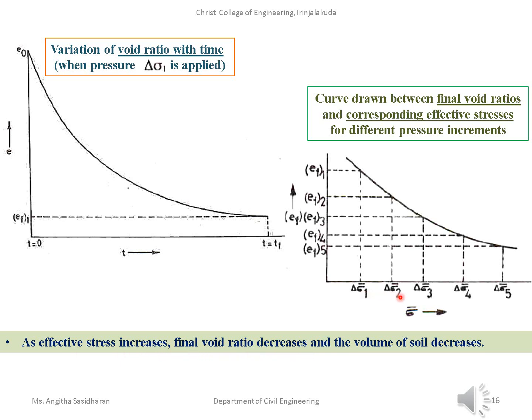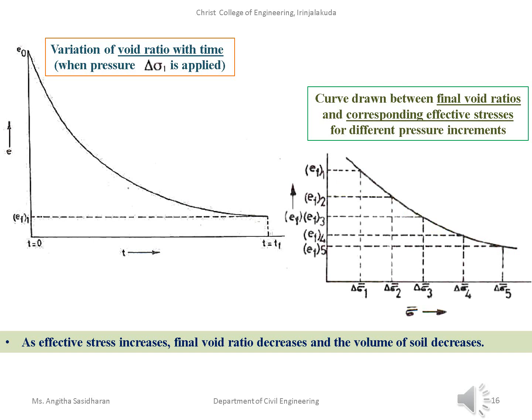As the effective stress increases, the final void ratio decreases and the volume of soil decreases. So remember the spring analogy. As the effective stress increases, the soil particles are getting compressed, the volume of soil is going down, and the final void ratio is decreasing. The same variation is visible here.